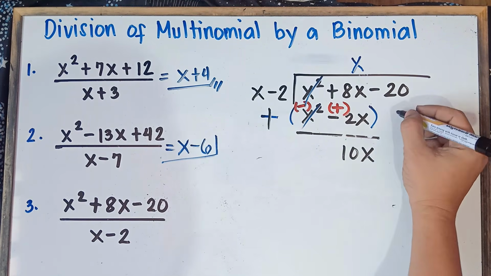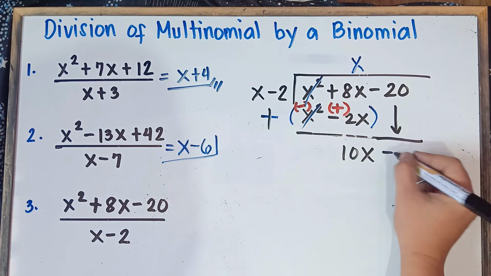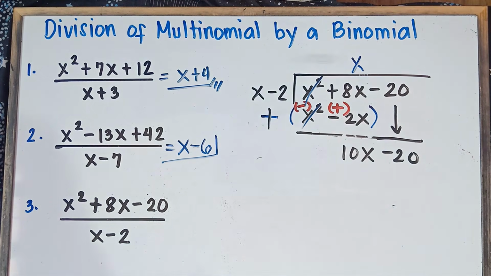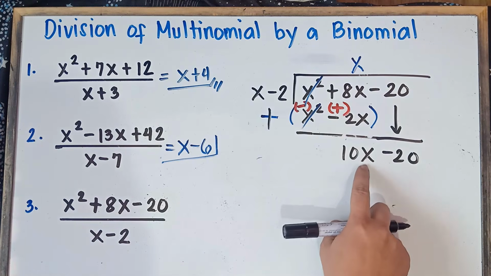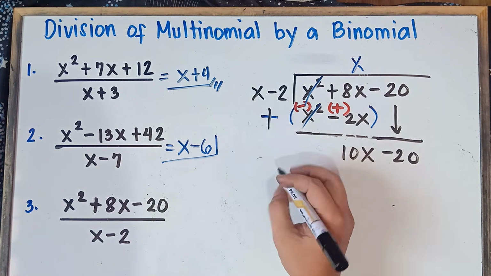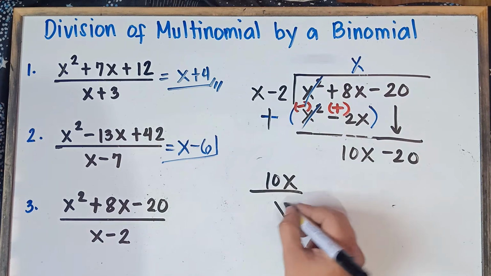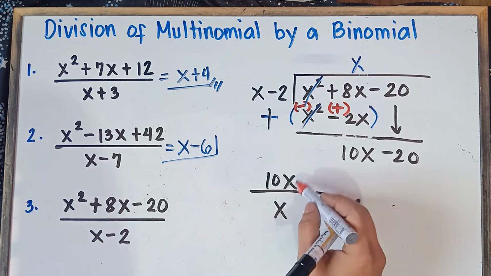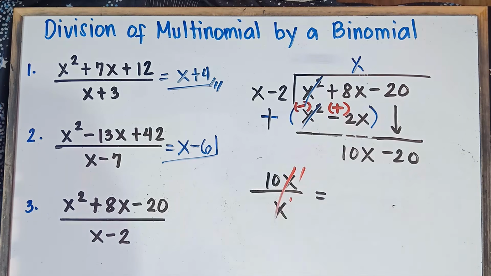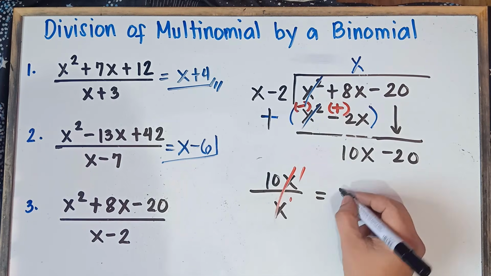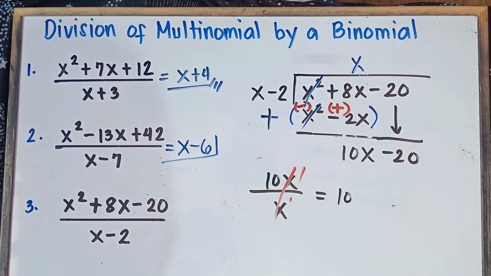And then simply bring down negative 20. Alright, and then last step, you divide this one: 10x divided by x. Of course, we can cancel x because they have the same exponent. 10x divided by x would be 10. So this is positive 10.